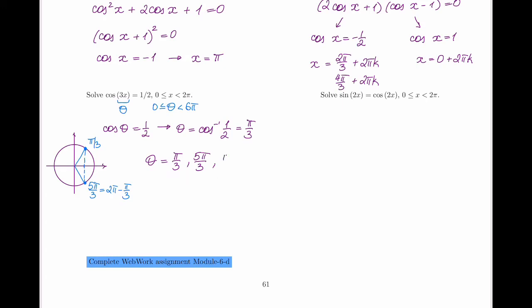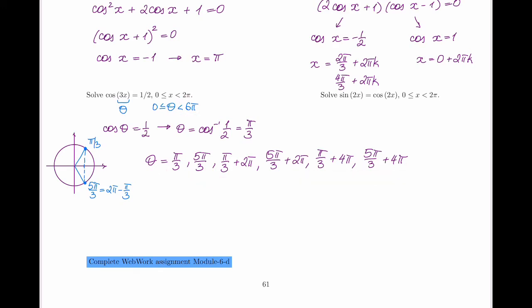It's also going to have to be pi by 3 plus 2 pi, 5 pi by 3 plus 2 pi, pi by 3 plus 4 pi, and finally 5 pi by 3 plus 4 pi. Any other additions will bring me over the 6 pi restriction for theta, so these are going to be all of them.